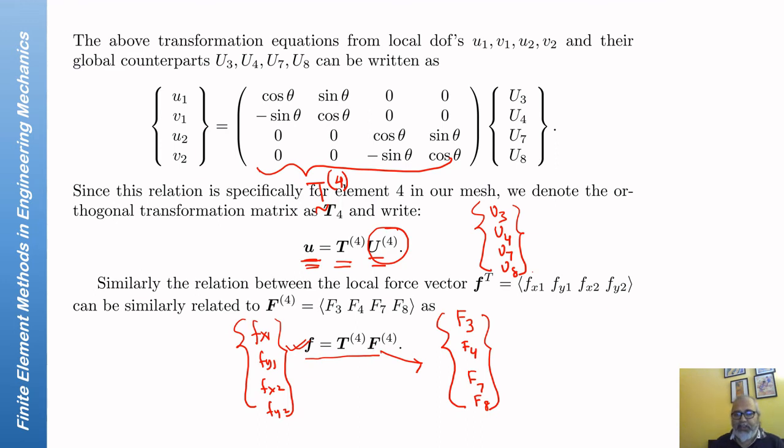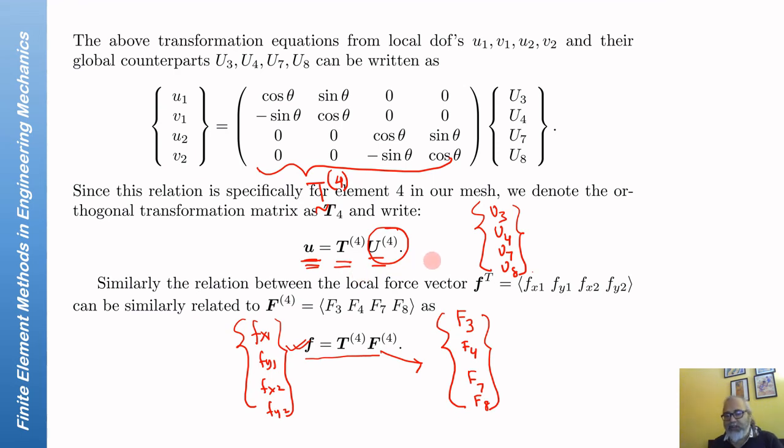So the force and the displacement transformations for every node: if we take all the degrees of freedom of a node, transform it to the global degrees of freedom, force to global force components, then the relation is the same. It's related by the same transformation matrix, which we have called T4.